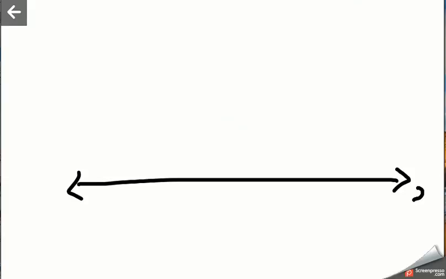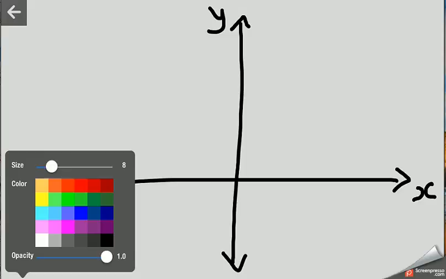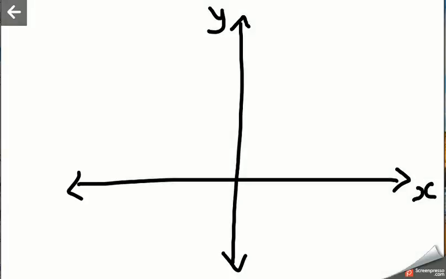So this is our x-axis. This is our y-axis, and we're going to take a look at the function y of x is equal to x squared. We're going to have a look at what that looks like. Okay, well, let me go back to black.